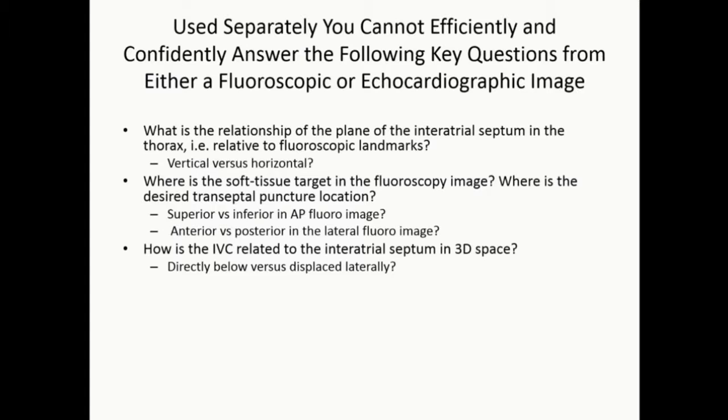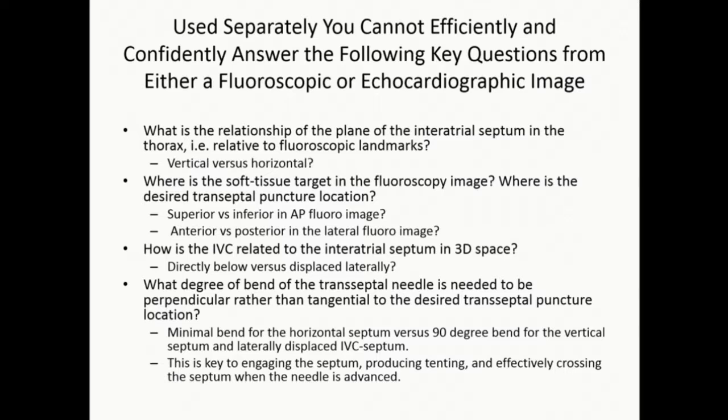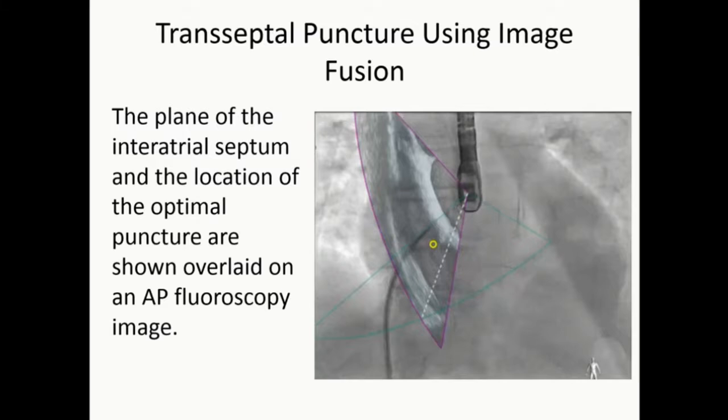And how is the IVC? Because that has another three-dimensional spatial relationship that can determine some of the complexities, and then you choose equipment to match the anatomy, but you really don't know the anatomy in terms of how the septum lies in the thorax, so you don't know what to use.